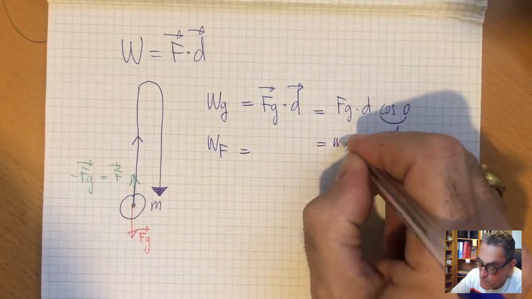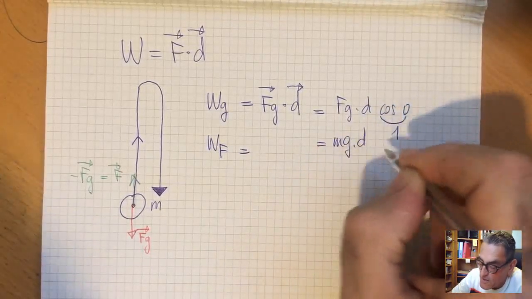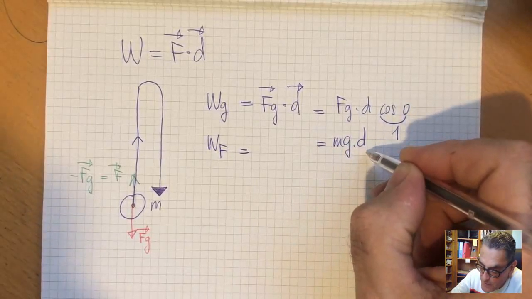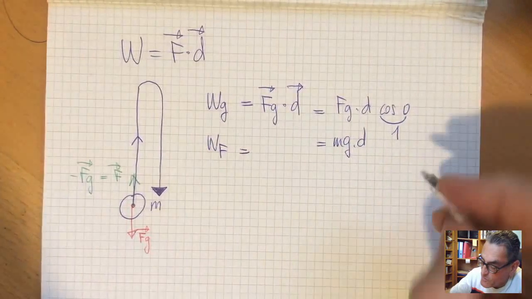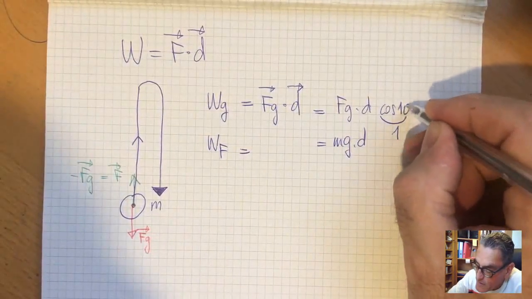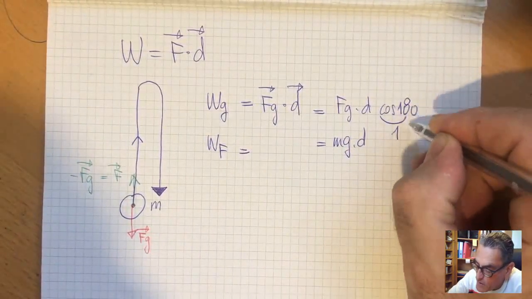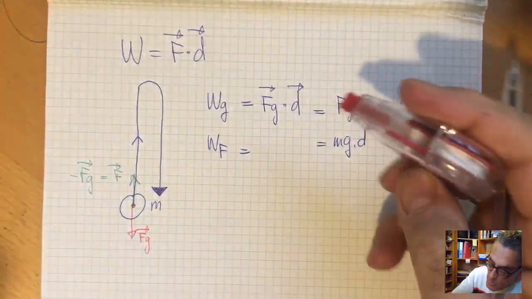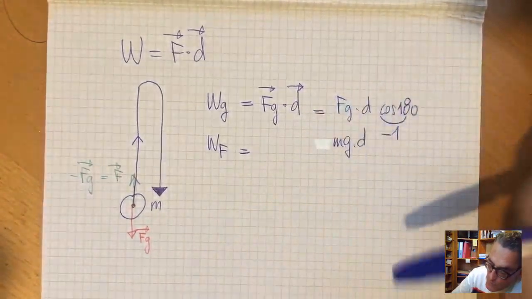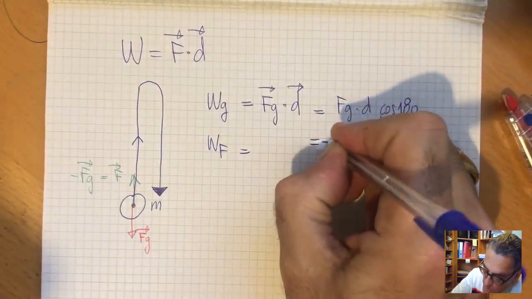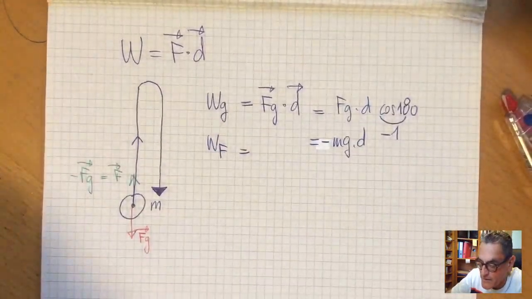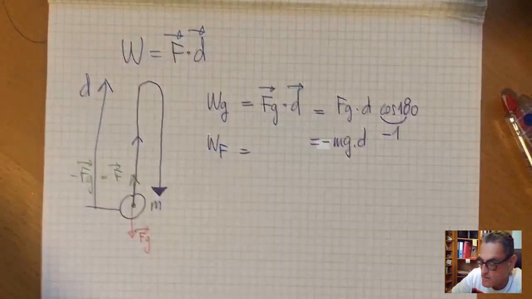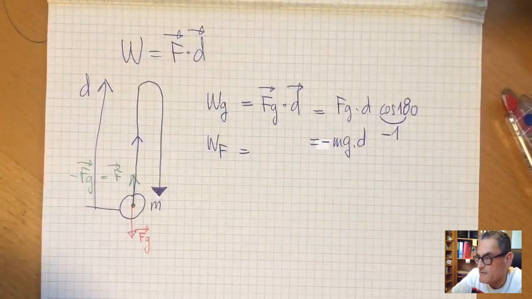The gravitational force is mg, and so the work of the gravitational force. Oh, sorry, I said something very stupid. The angle here is 180, so it's minus 1, and so the work of the gravitational force is minus mgd, where d is the distance. Okay?